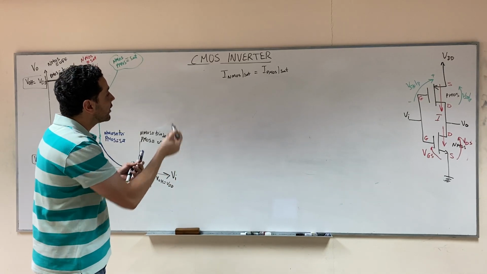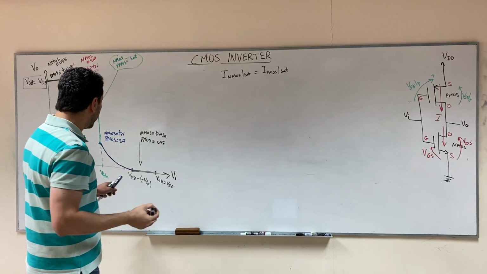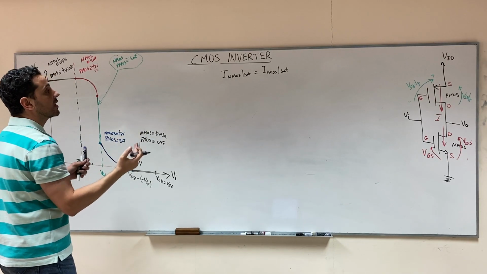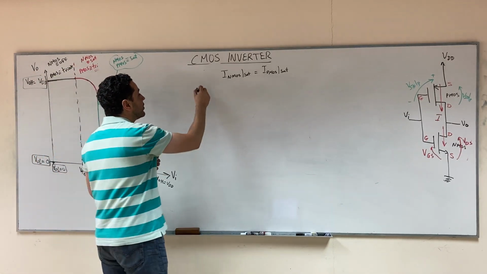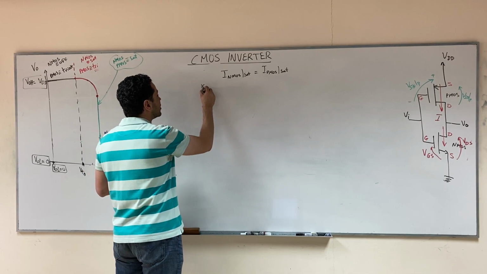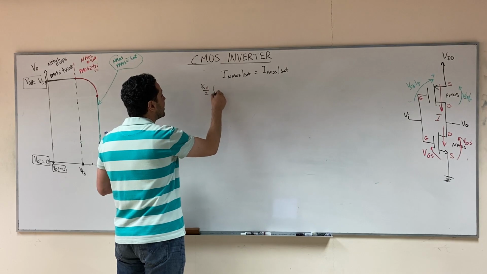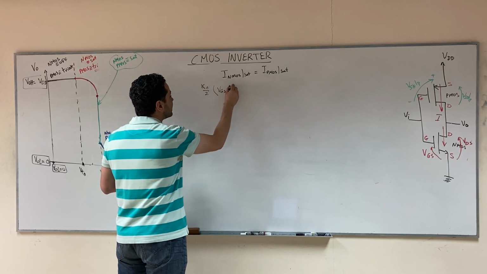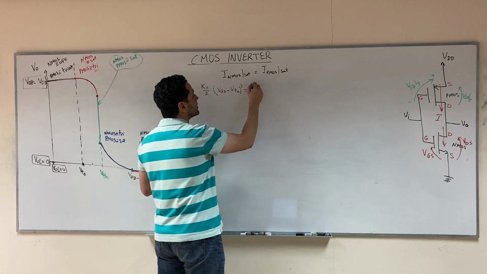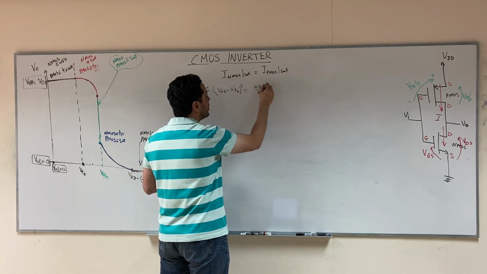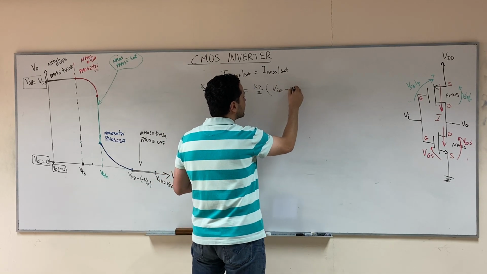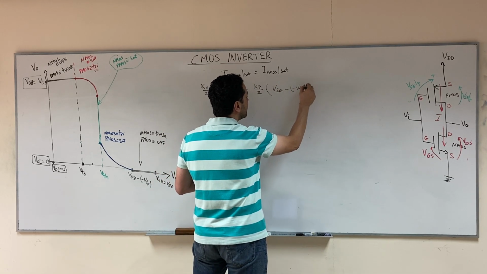Okay, so for example, I will do this one. To find VTH, we will equate the current of the NMOS in saturation to the current of the PMOS in saturation. We write the equation. We find that the current of the NMOS in saturation is Kn over 2 (VGS minus V threshold) squared. And the current of the PMOS in saturation is Kp over 2 (VSG of the PMOS minus VTP) all squared.